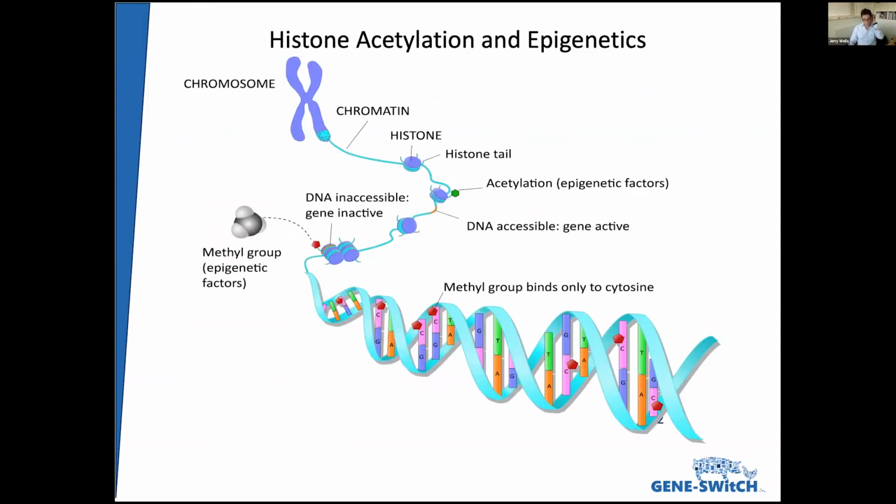Okay, so a little bit of introduction now to the effects that we are expecting to see of diets that will influence short chain fatty acid availability in pigs, and epigenetics.